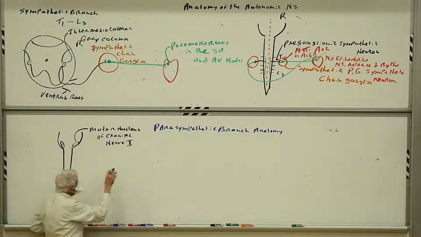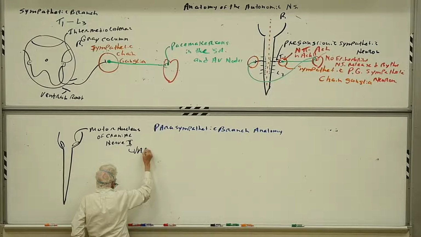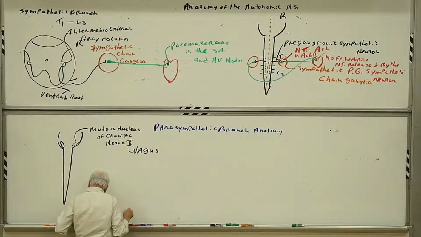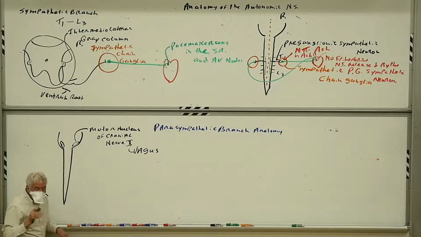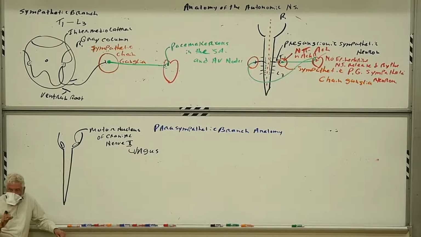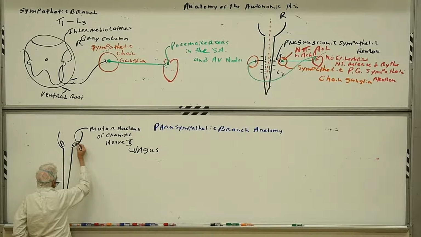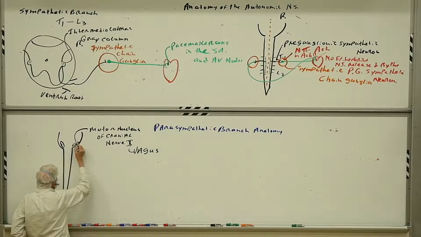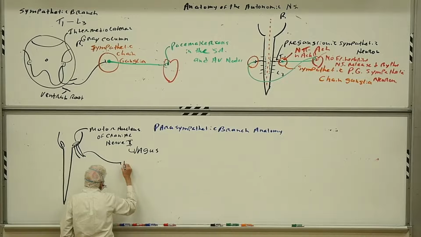Usually I prefer the numbers, but in this case it's called the vagus. It gets its name from the Latin meaning the wanderer. It's a great name because these neuronal cell bodies in the brainstem, the motor nucleus of the vagus, send processes out into this cranial nerve, the vagus nerve.